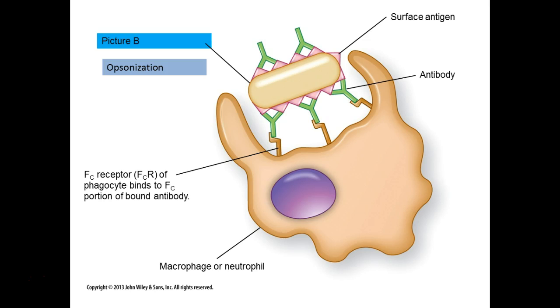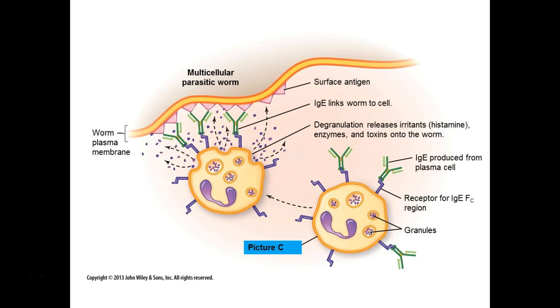So we've seen this before, right? So we talked about how we can tag them for destruction. So here, I covered up the cell with my picture label. So this cell is a mast cell or a basophil. It has receptors on its surface for IgE.